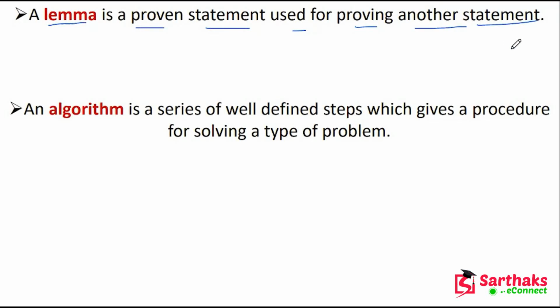I hope you got this point. Now comes the algorithm. What is an algorithm? An algorithm is a series of well-defined steps which gives a procedure for solving a type of problem.